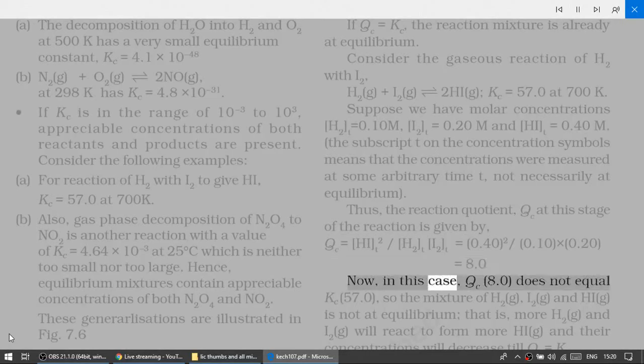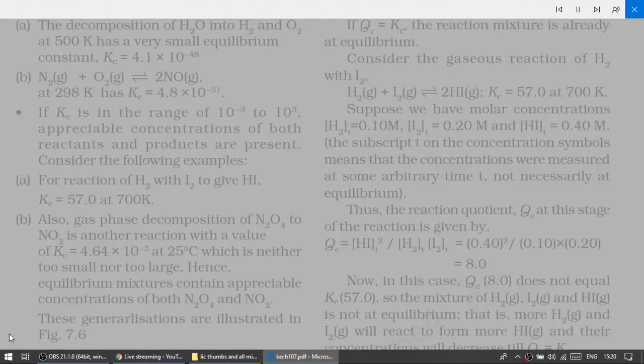Now, in this case, Qc (8.0) does not equal Kc (57.0), so the mixture of H2(g), I2(g) and HI(g) is not at equilibrium. That is, more H2(g) and I2(g) will react to form more HI(g) and their concentrations will decrease till Qc = Kc.